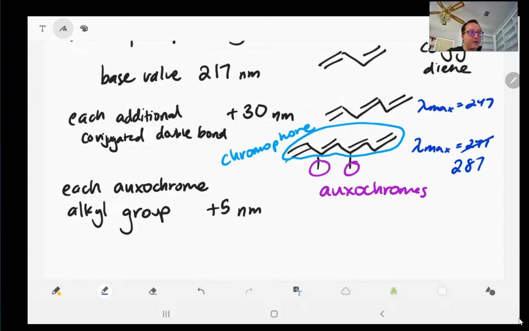So we're still going to have our 4 double bonds conjugated together, and now we've added 2 alkyl groups onto it. Each alkyl group gives you 5 nanometers. So really we're going to see that this kind of predicting lambda max is just a function of looking at your molecule and figuring out what you're looking at.